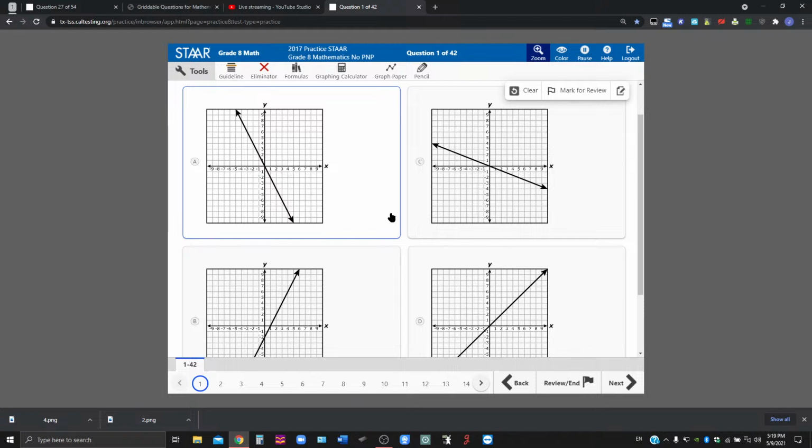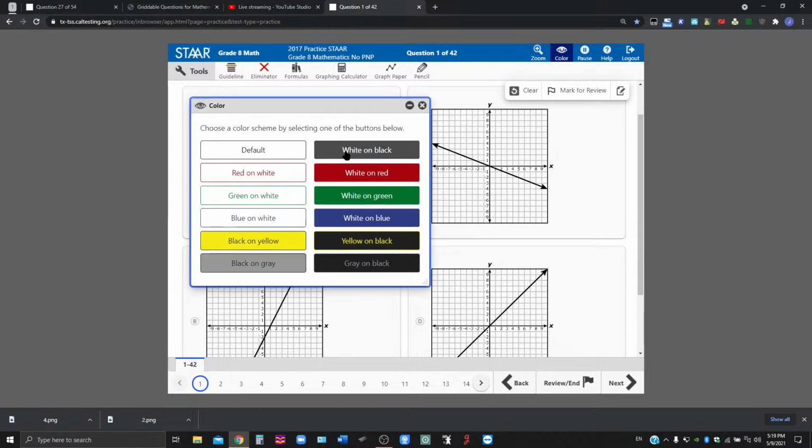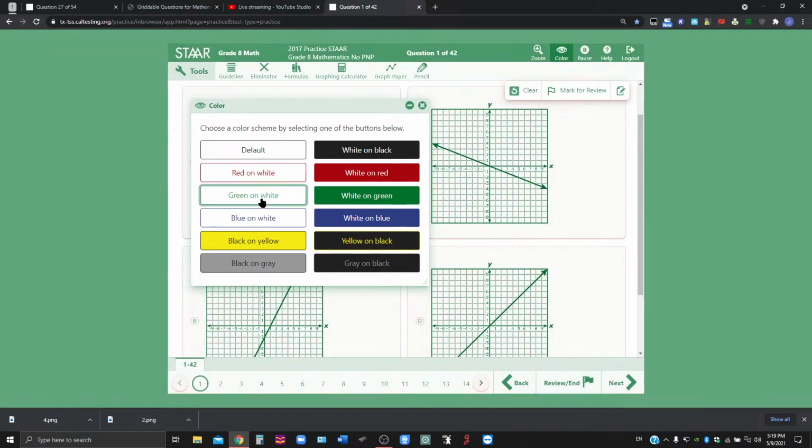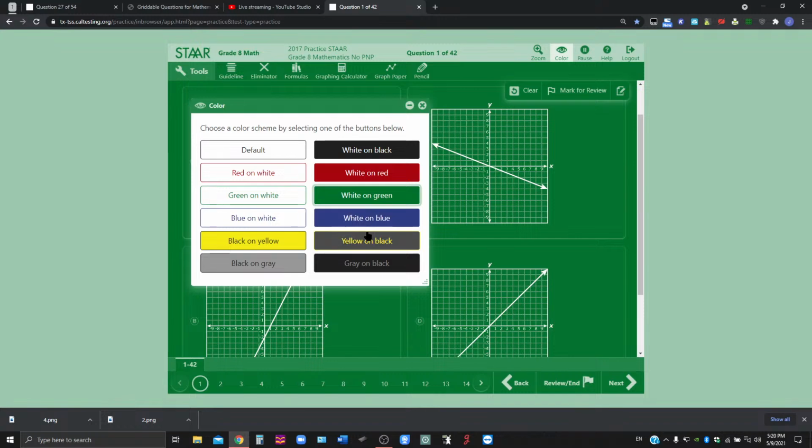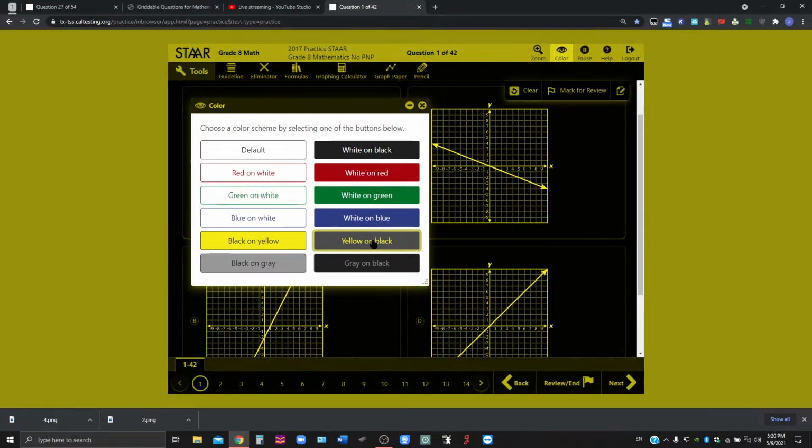Okay, and the second thing you can try is the color button. What it does is it changes the color theme, like red on white, green on white, blue on white, white on blue, white on green, yellow on black. Just know that this is only meant for students with special needs. You don't have to change it.